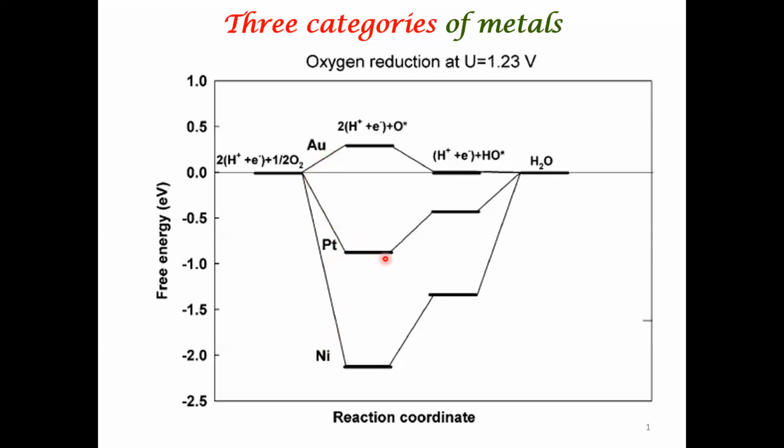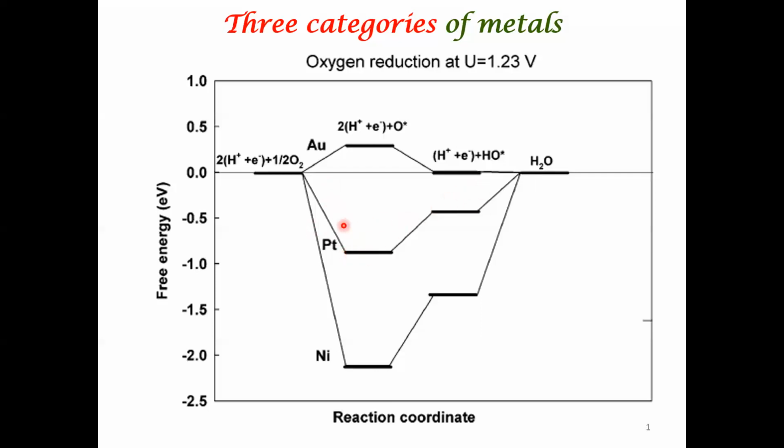However, when you compare platinum to nickel, platinum does the second and third steps much more easily than nickel. Gold might do better than platinum in these steps, but it won't be able to do this step at all. So platinum is the ideal catalyst, again because of the logic of the Sabatier principle.